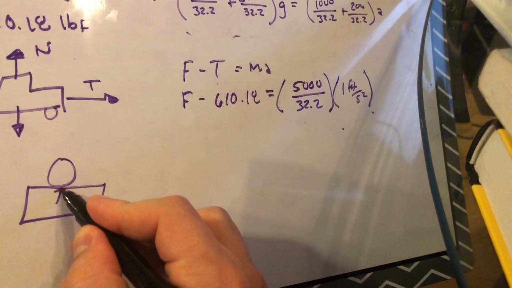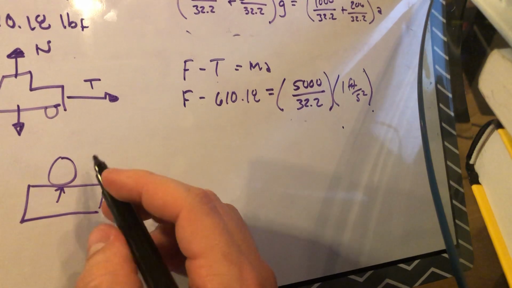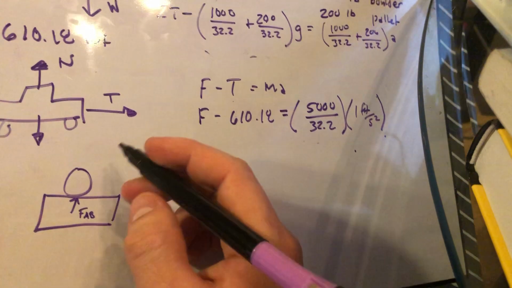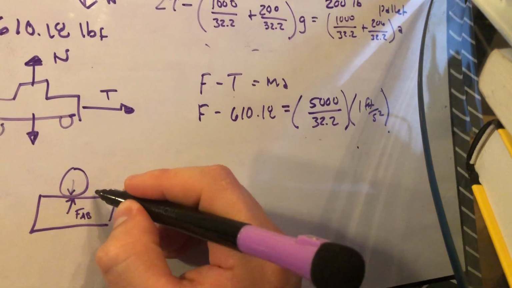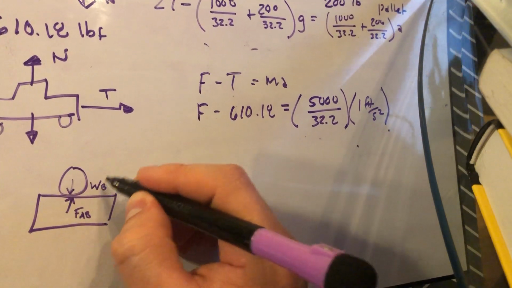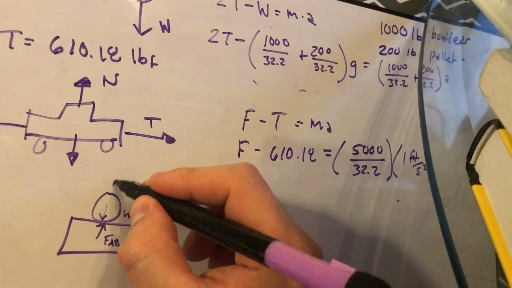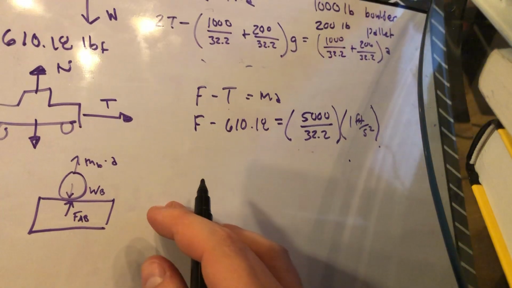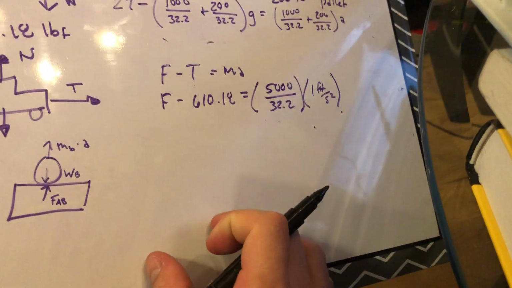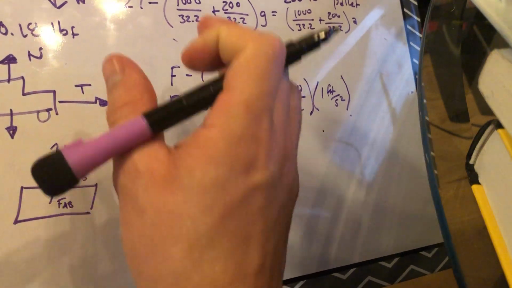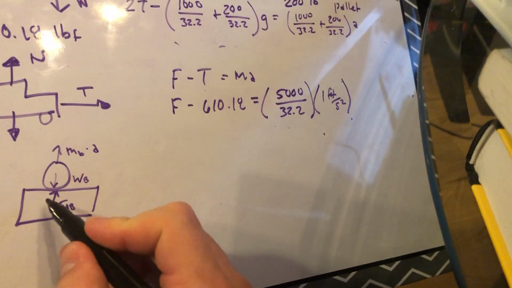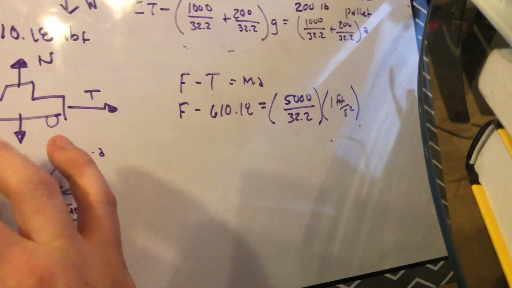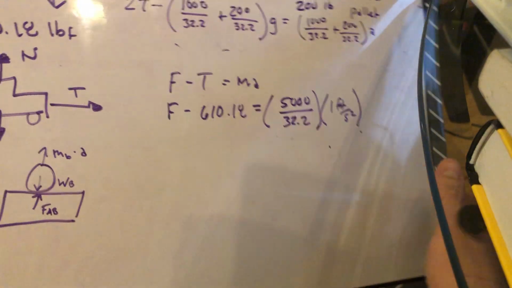So here we're going to have, let's call it force AB, and here we have weight W, and we are going to have mass of the boulder times A. What's happening here is, as this is going up, this is putting a force on the pallet. That's obvious, right? That's what we're trying to solve.